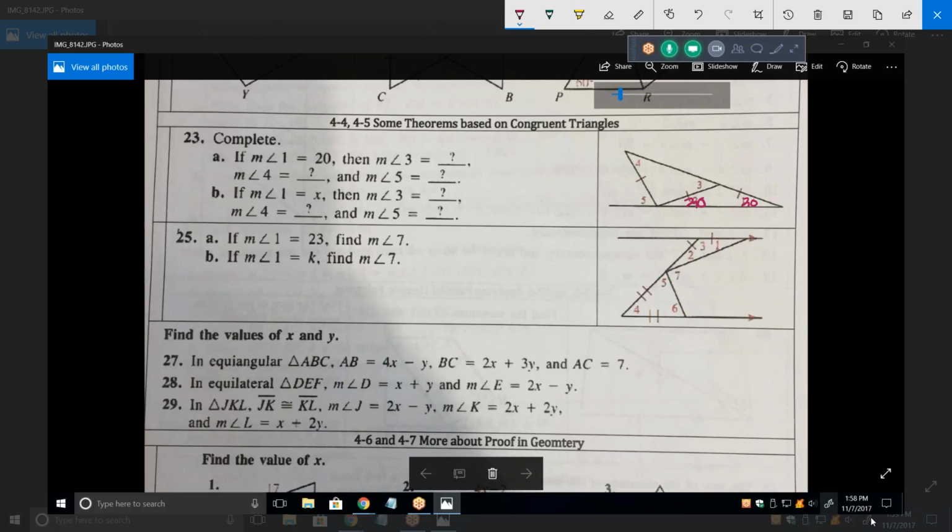Remember the exterior angle theorem, the easiest way to do it. There's two ways to do it. You can figure out that that's got to be 140 because they have to add to 180. Oh, that's right. And then 3 is a linear pair with 140, so 3 has to be 40, but we can do it before then. Because angle 3 is an exterior angle, which means it's the sum of angles 1 and 2.